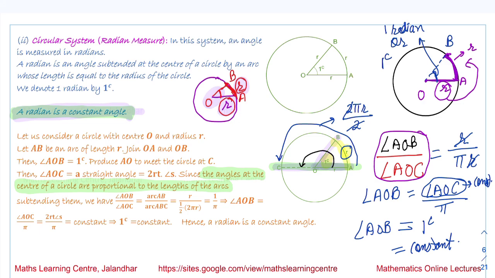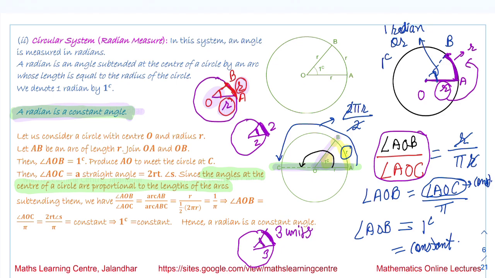If one person is taking a circle of radius 2 units, he has drawn a circle of radius 2 units, he has marked an arc of 2 units, and measured the angle he has drawn. Another person has taken a circle whose radius is 3 units, he has marked an arc over here of 3 units.